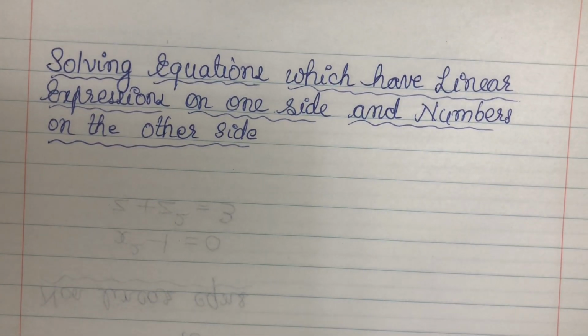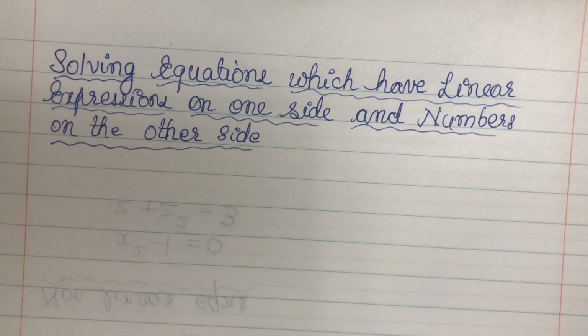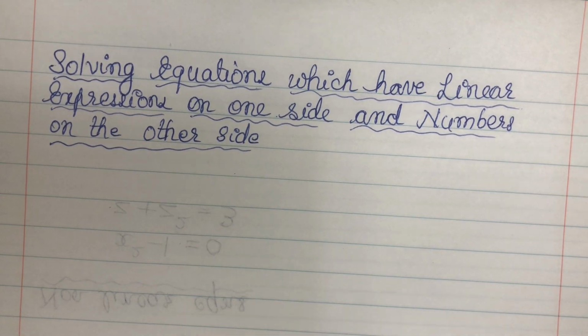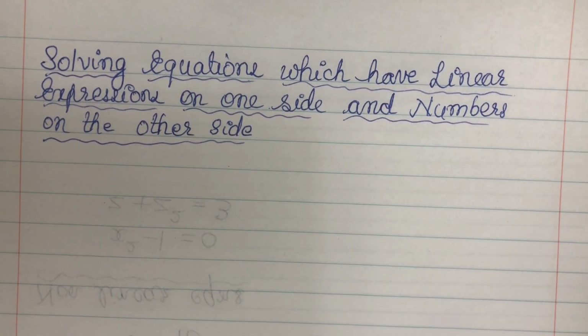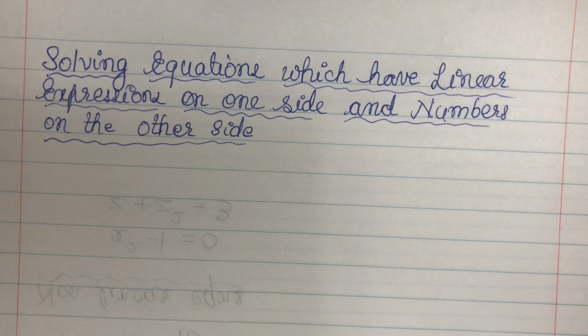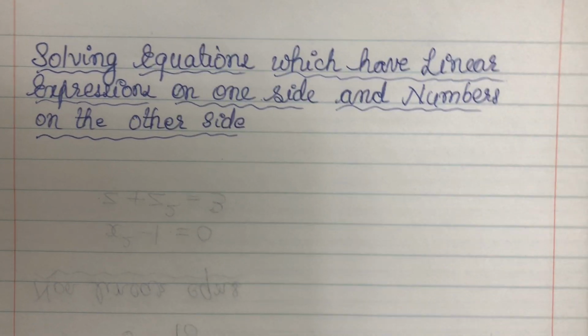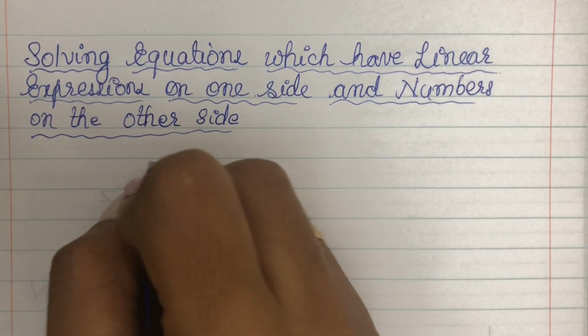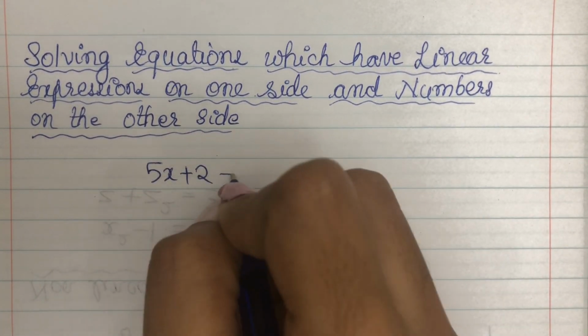So first we'll find how to solve the equations which have linear expressions on one side and the numbers on the other side. For example, we'll solve the equations in the form of 5x plus 2 equal to 10.